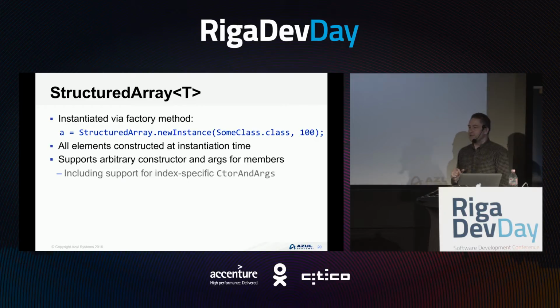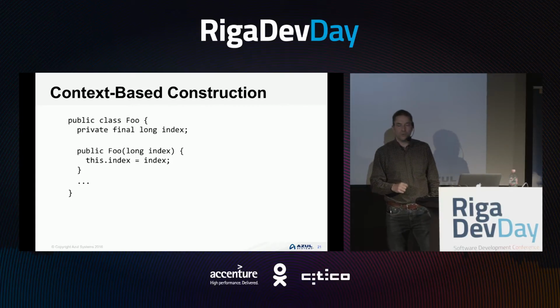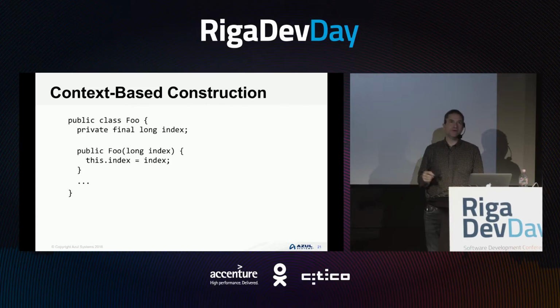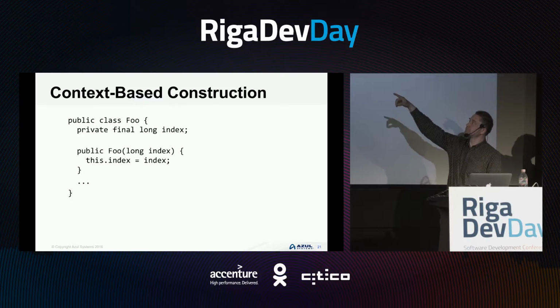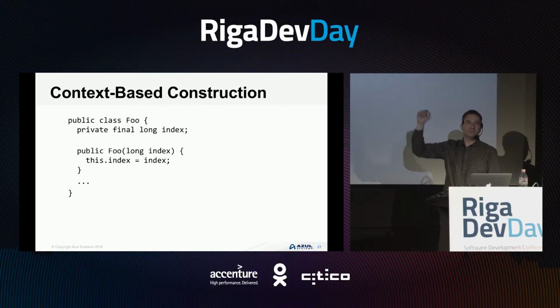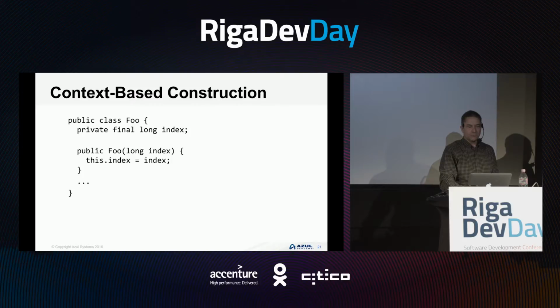And in fact, let's have a look at how we do that. So here I've got a very simple class called Foo, and it has a variable called index, and the constructor takes a parameter called index and then just sets it. So we want to set the index when we create the object. If we want to do that using our structured array, what we would do is something like this.